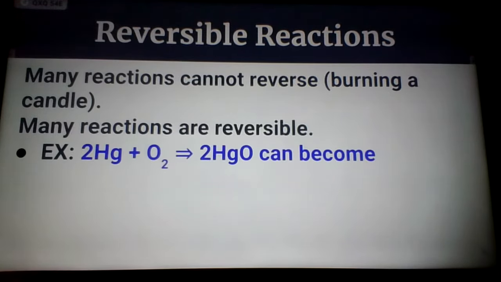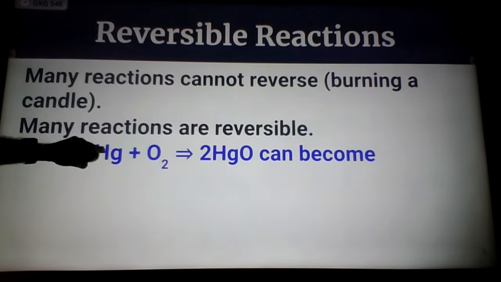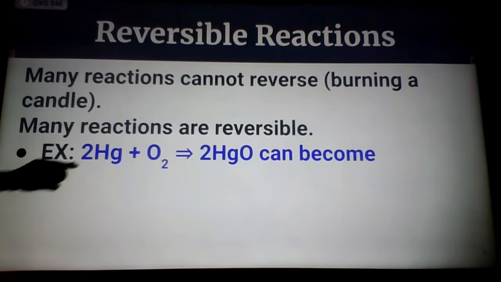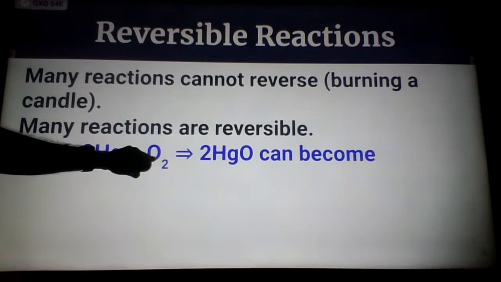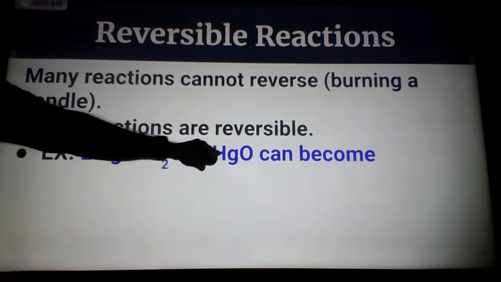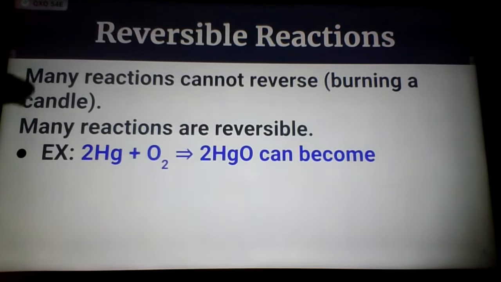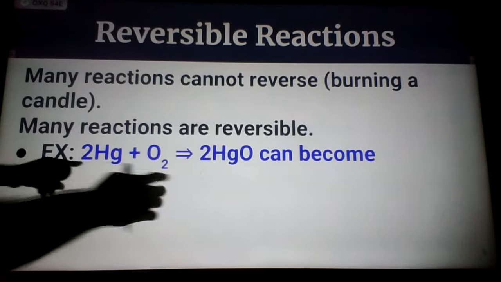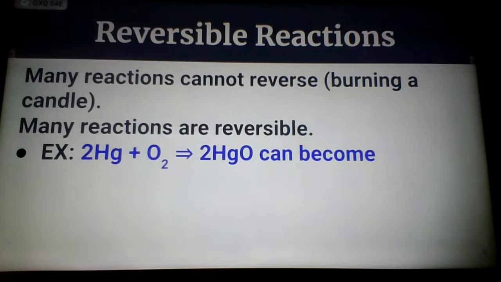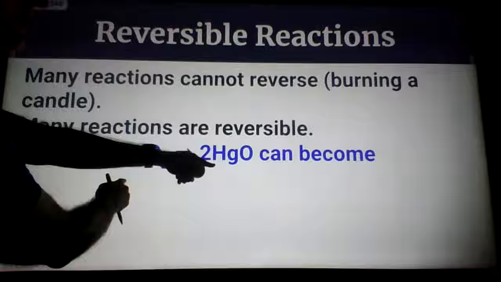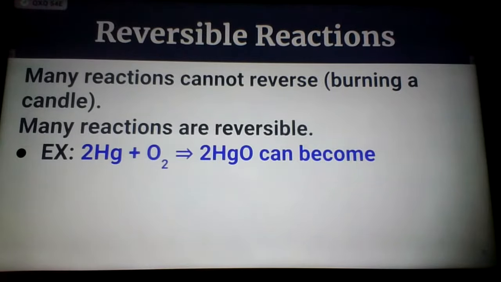Here's another example. We talked about mercury and oxygen a few minutes ago. Mercury plus diatomic oxygen can give us 2 molecules of mercury oxide. This is reversible, so just imagine turning this around. I'll give you a moment to think about what we would end up with. Again, reversible, just turn this around. What would we get?